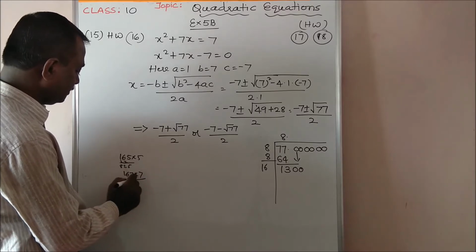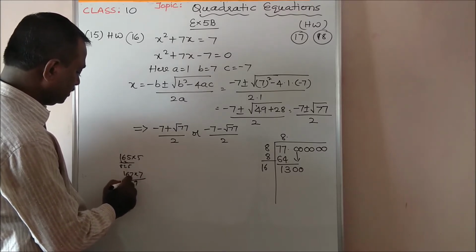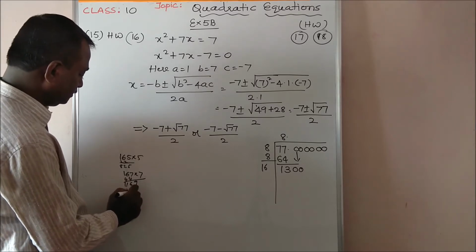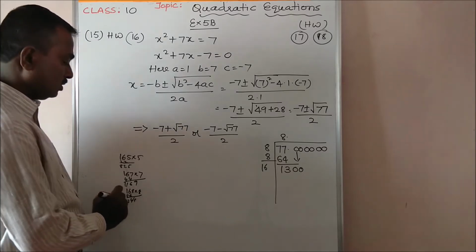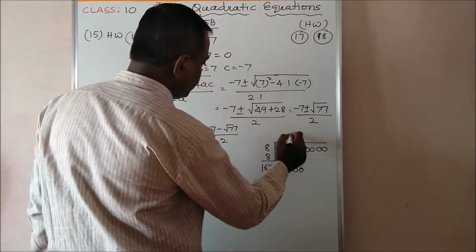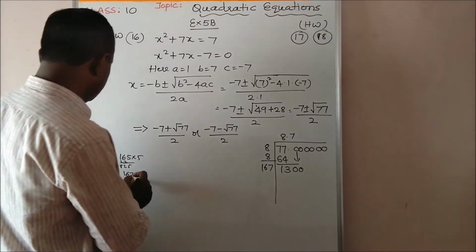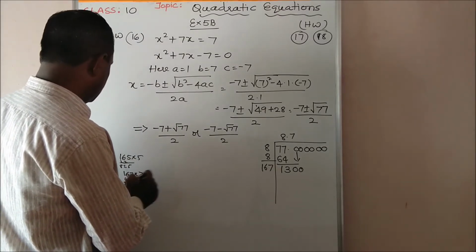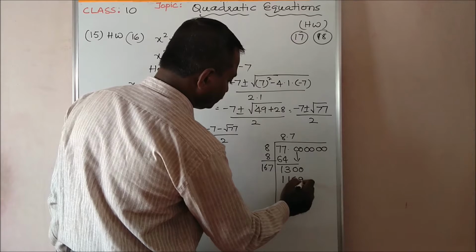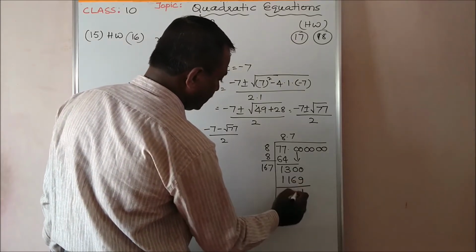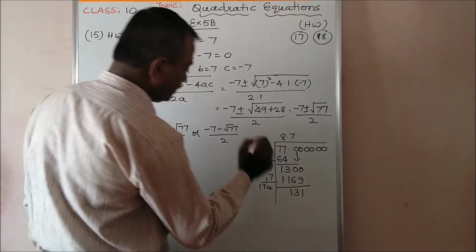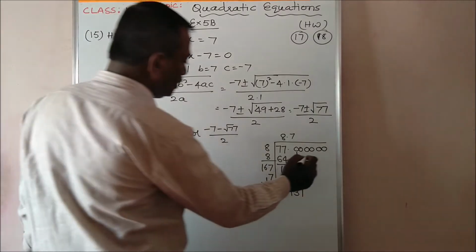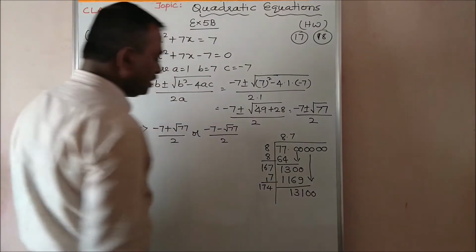Into 7 is more, so 7, 167 into 7 is 1169. 1300 minus 1169 is 131. In this 7 we have to add, 174. Again 2 zeros we have to take down.